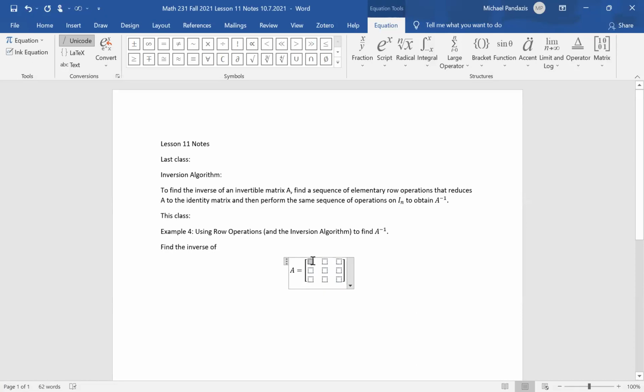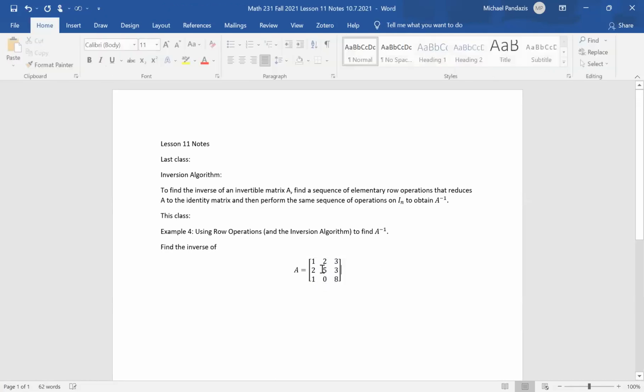We want to find the inverse of A equals, and so the entries are 1, 2, 3, 2, 5, 3, and 1, 0, 8. So we'll find the inverse of that.